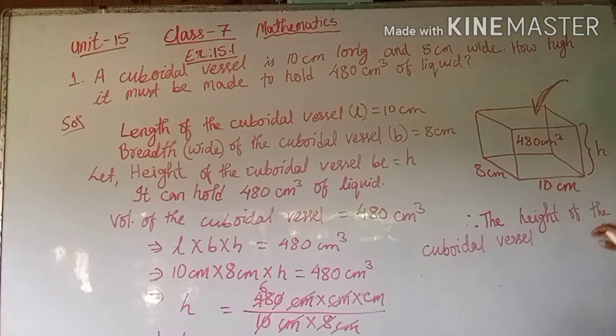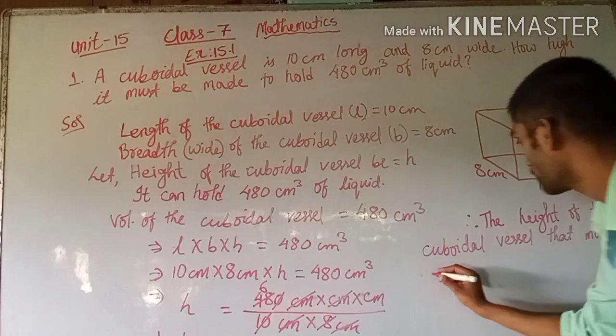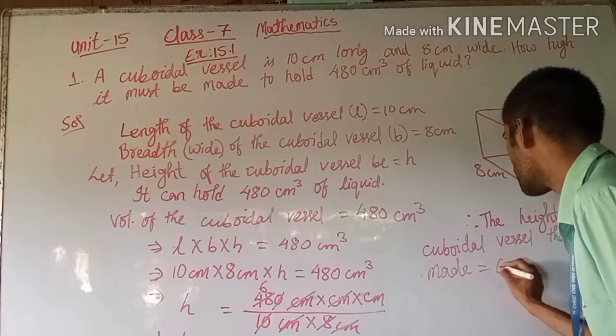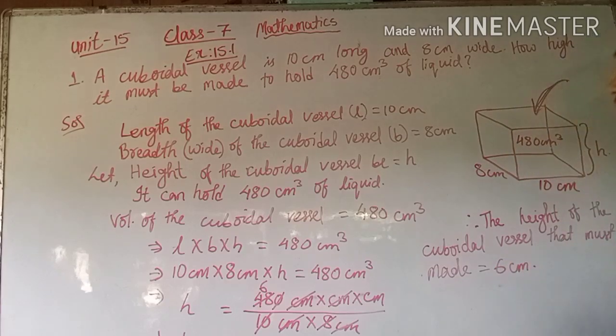So the height of the cuboidal vessel that must be made is equal to 6 centimeter.